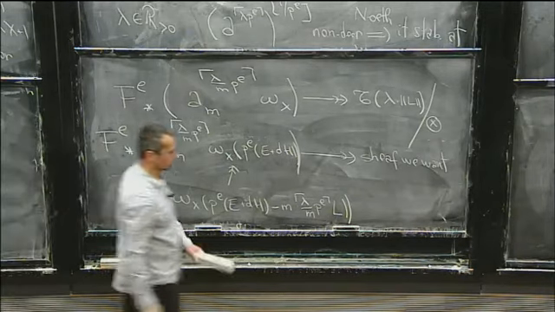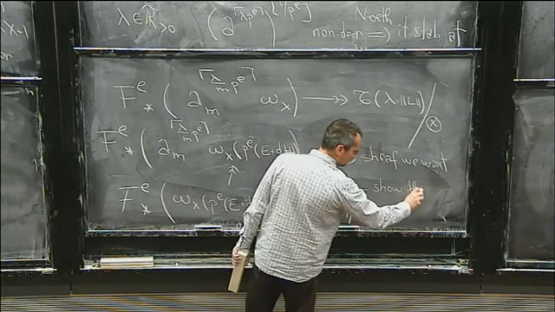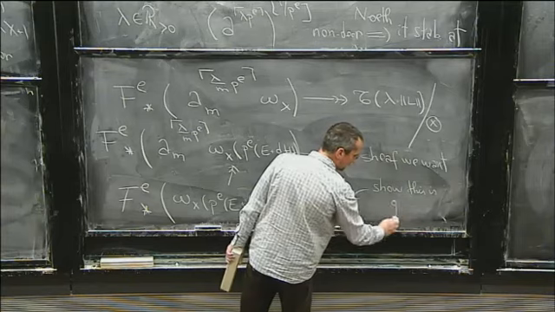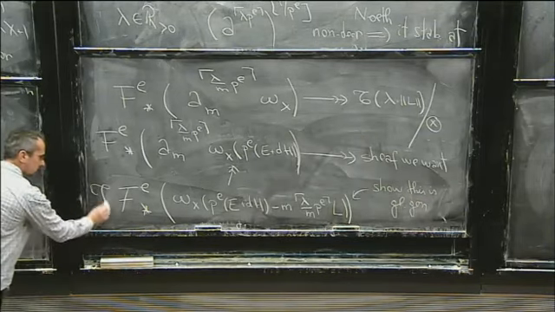Okay, so the upshot is that what I need to show is that this one is globally generated. Let me write this as curly f.